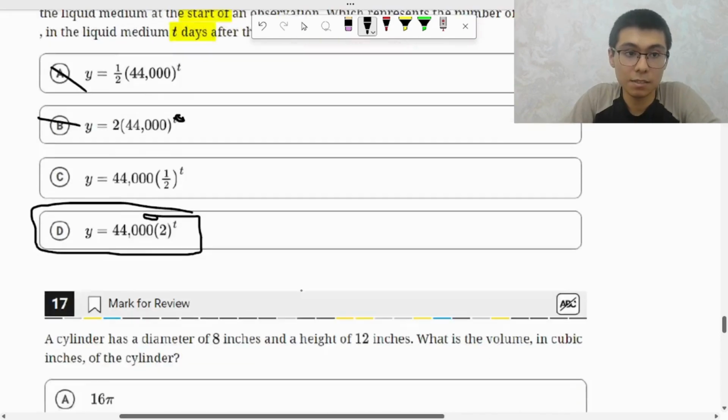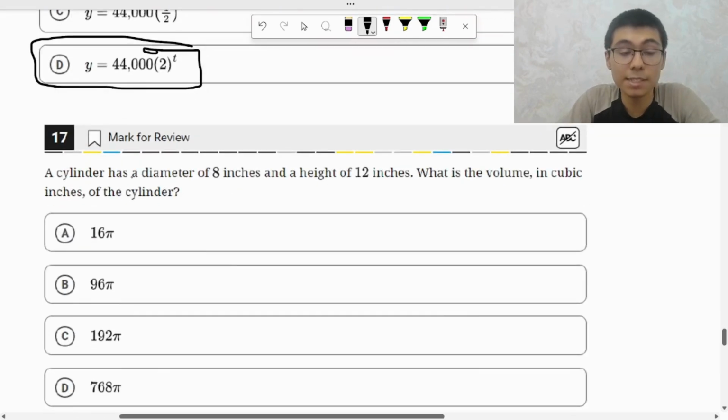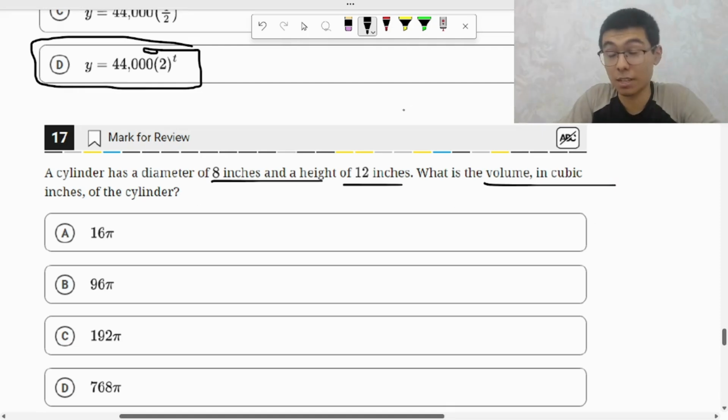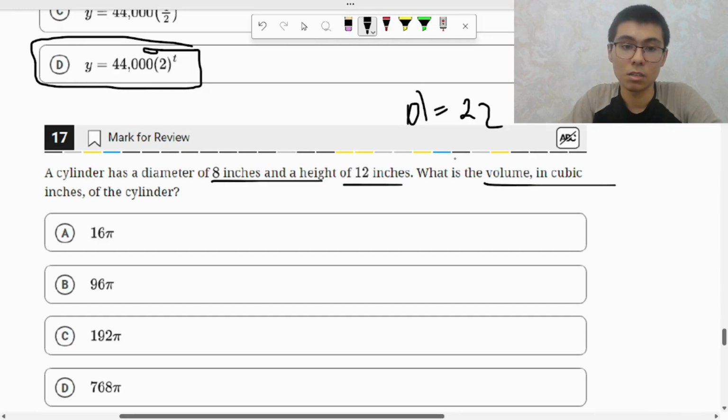So that's easy. Question number 17. A cylinder has a diameter of 8 inches and a height of 12 inches. What's the volume in cubic inches of this cylinder? As I also mentioned earlier, diameter is 2r, twice the radius. So the radius is 4. And we know the height is 12 inches.